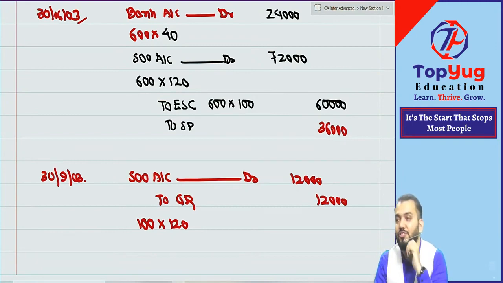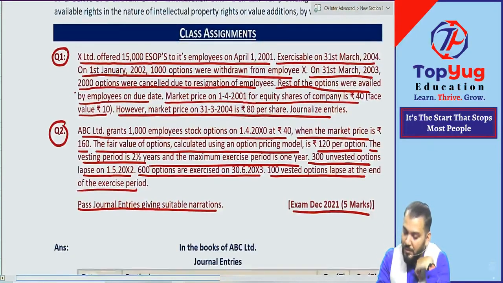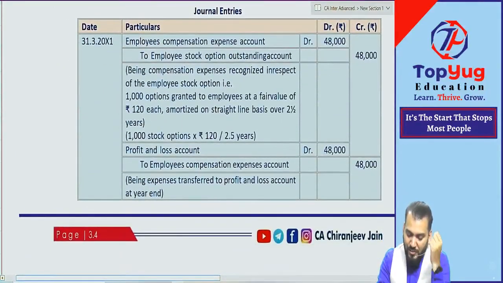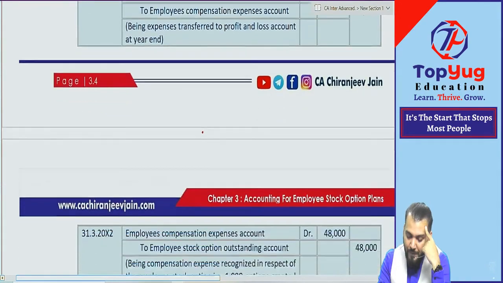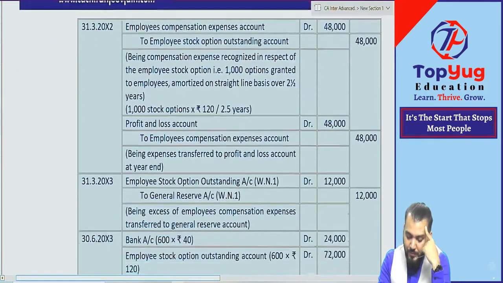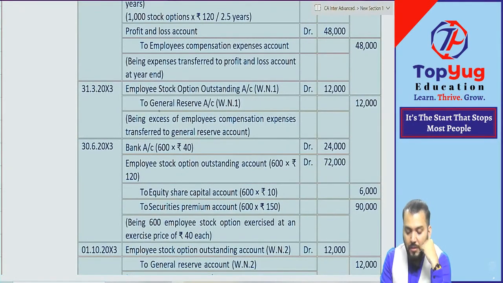Have you understood these two questions? Chalo. I hope done correctly. Once you see the answer, check whether the answer is matching or not. You can see they have done employee stock option to general reserve. This is not correct. It should be PL only.